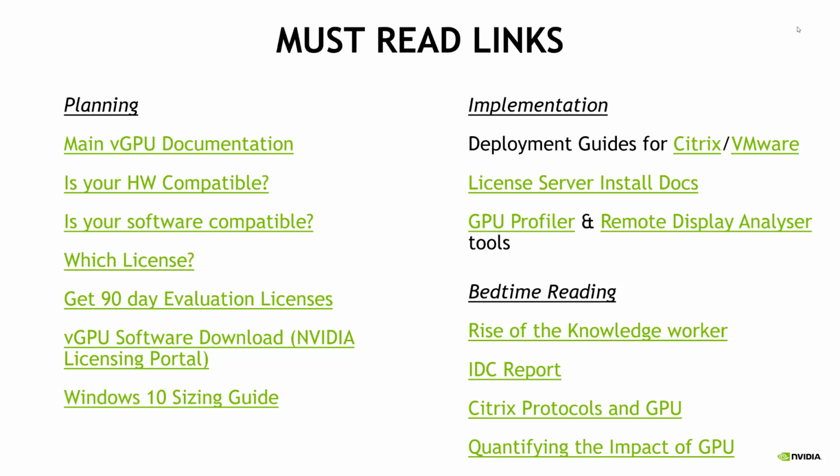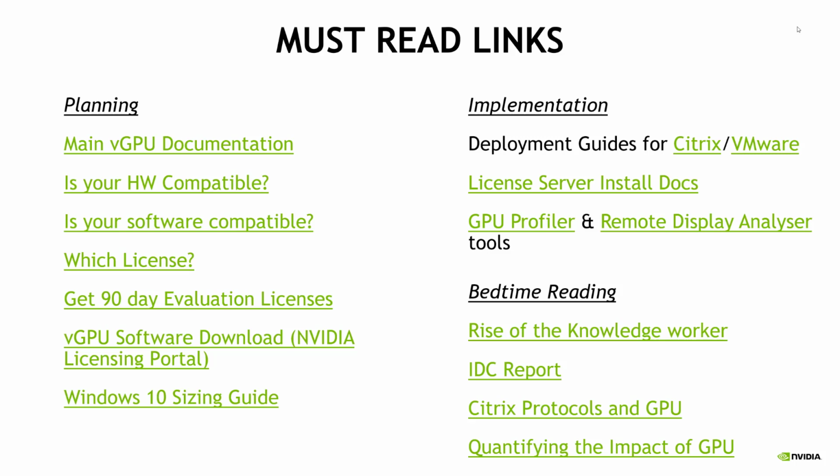You can go to the software download. Always make sure that you download the software for virtual GPU from our NVIDIA licensing portal. Don't be tempted to go to nvidia.com/drivers and download Windows drivers from there, because they'll typically be the Tesla drivers that are designed for bare metal and won't work in a virtual GPU environment. There's a document there on Windows 10 sizing if you're interested.